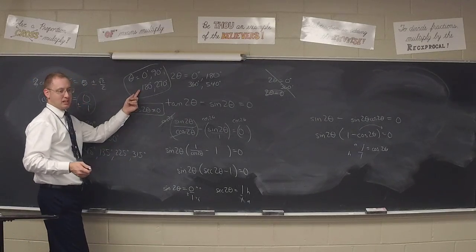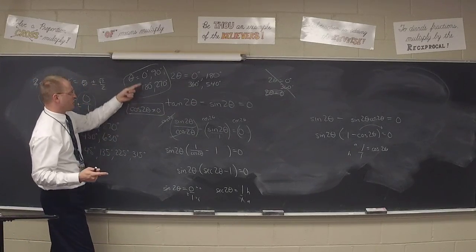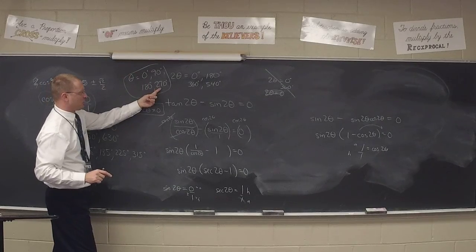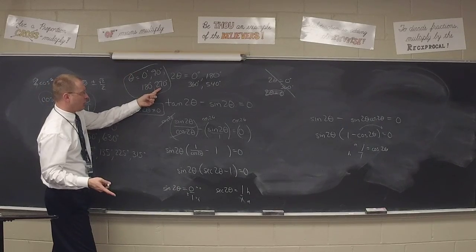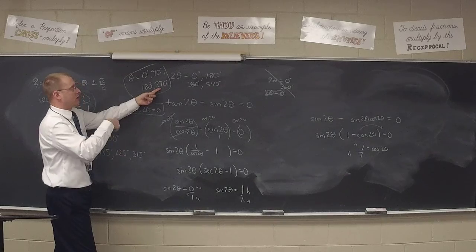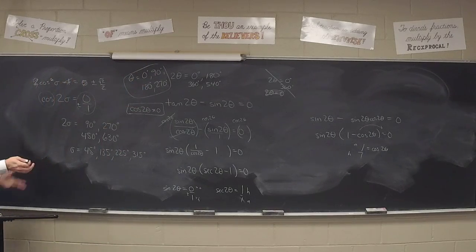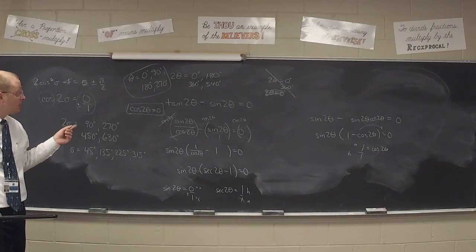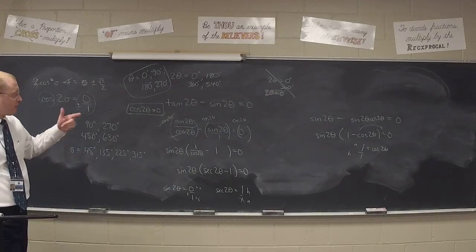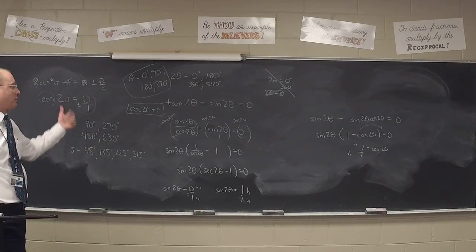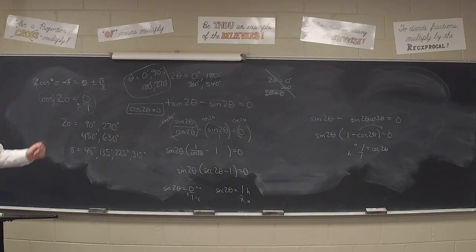If you double 180, it gives you 360, which is the same thing as 0, and that checked out. If you double 270, it gives you 540, which is the same thing as 180, which, again, already had checked out. So we're good. Questions on this? So there we go for our answers. All 4 answers do check.